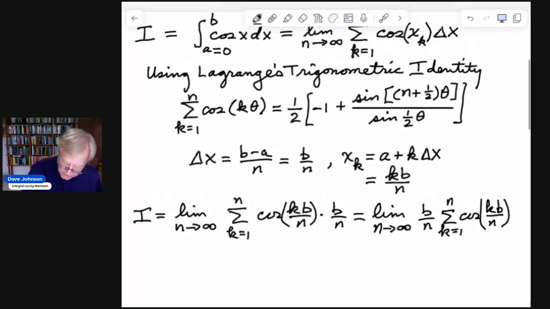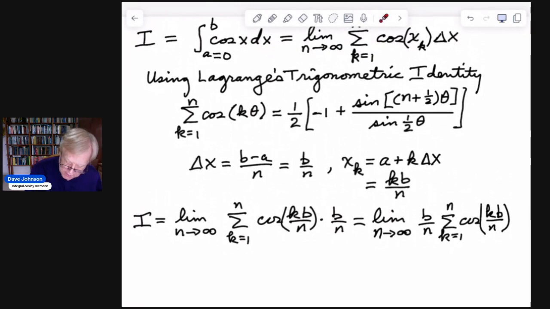Now, the way we're going to do this is I'm going to use the Lagrange trigonometric identity. And you can see this derivation in various places. I'm actually going to do a video that derives this identity. It's not difficult, but it's a little lengthy, and I'm not going to put it in this video.